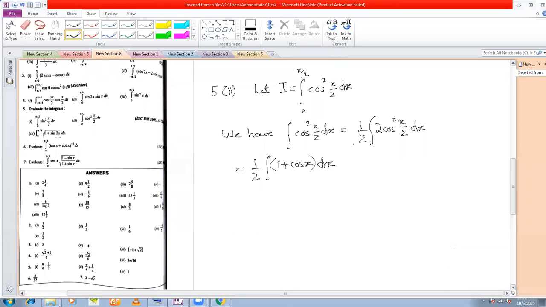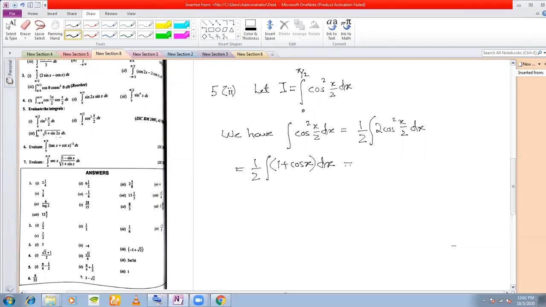So this becomes half of integral dx plus integral cos 2x dx. So this becomes half of x, and what is the integration of cos 2x? Sin 2x by 2. So we have evaluated this as an indefinite integral.